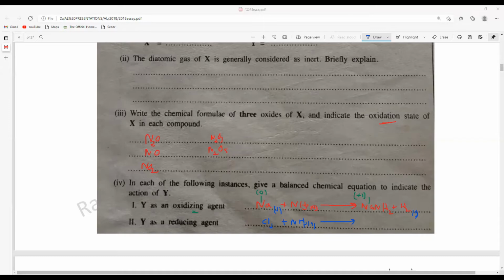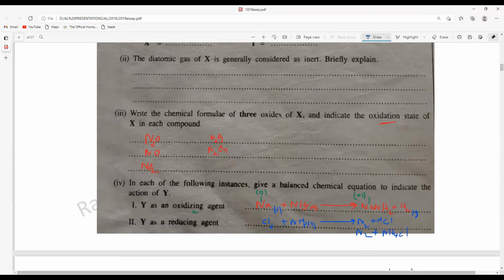And we said at different conditions there can be different products. So this gives you nitrogen and HCl in some cases, or it can be nitrogen plus ammonium chloride, right?